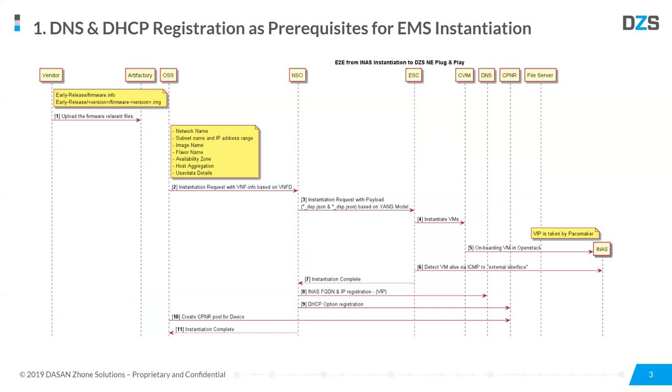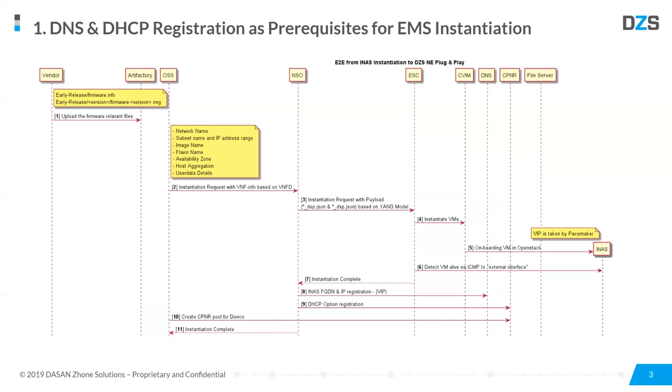So the INAS FQDN and regarding some DSCP, the DHCP option is really important for the flow switch PMP. So steps 8 and 9 are basic information for the flow switch from the PMP perspective, and also when our EMS is instantiated, the IP pool for the flow switch is also configured.